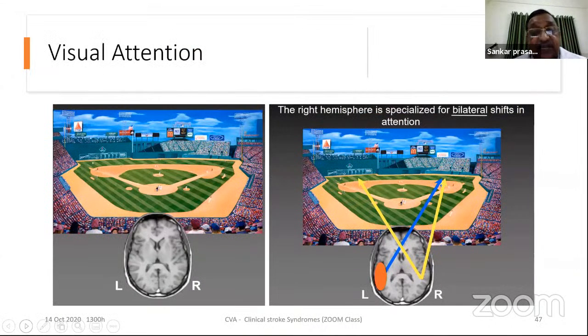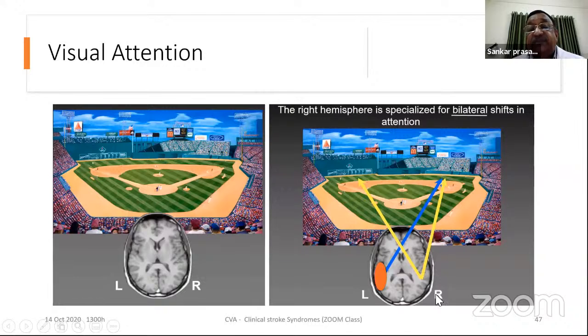Then comes visual attention. One of the interesting things that strokes can give rise to is visual attention problems. Let us understand what visual attention is. The left hemisphere has no ability to shift visual attention; it controls only the right hemisphere.